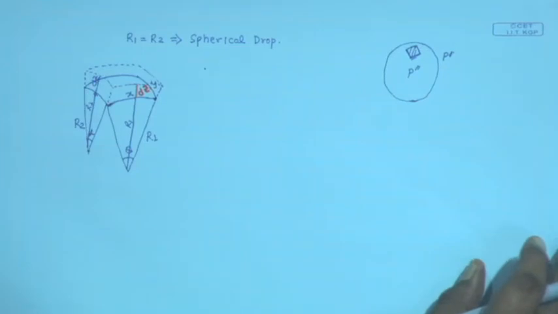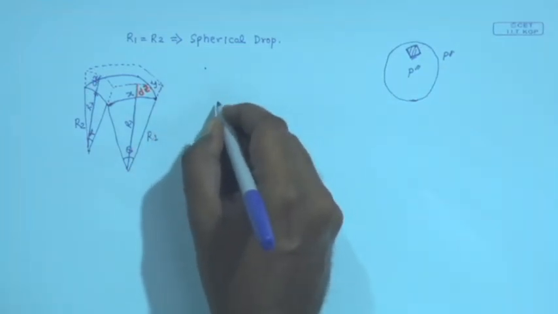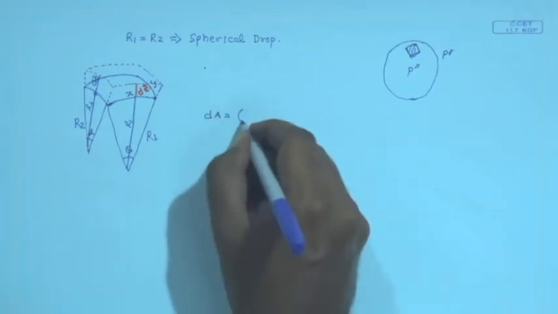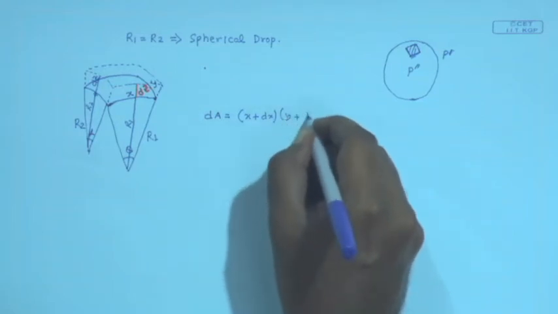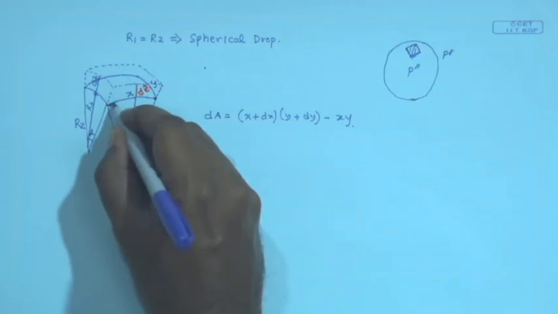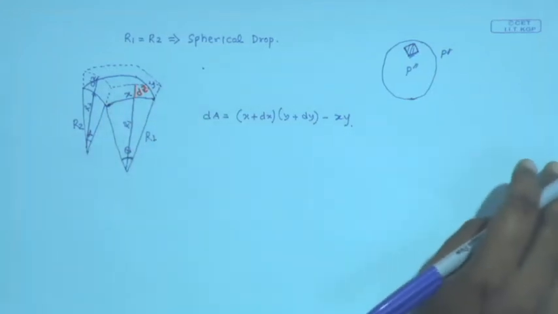So, as a consequence of this expansion, the change in the surface area dA, one can find as x plus dx into y plus dy minus xy. So, again there is a small assumption that we are looking at very small values of theta and alpha, and for those small values x and y can be considered to be linear.